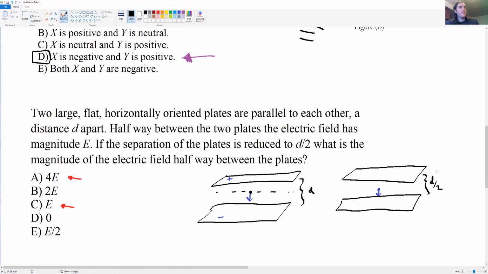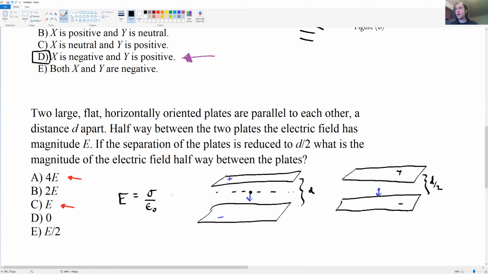So the way to think about this question is to remember that when we have 2 parallel charged plates, again, the top plate is positive, the bottom plate is negative. Nothing about that changes. We have this nice uniform electric field between the plates. So the magnitude is the charge density over epsilon naught.